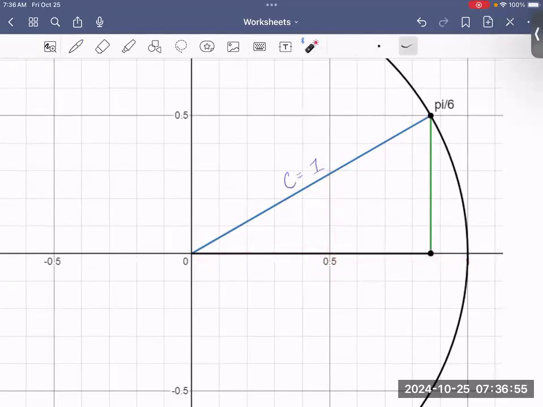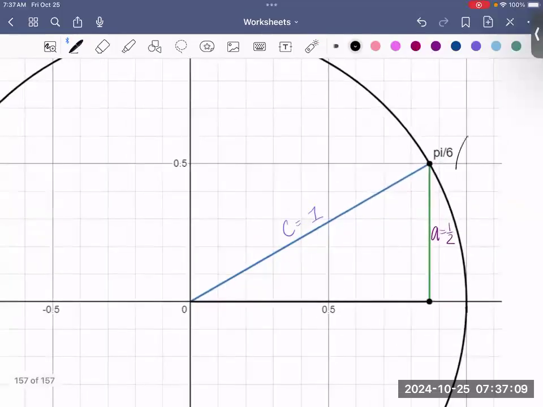So c is still 1. But notice that your y value is going to be that 1/2 amount. So a here is equal to 1/2, or 0.5. So far, we have some x value, comma, 1/2 as your y value.